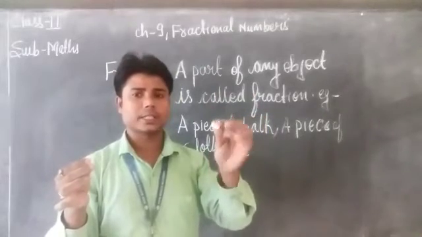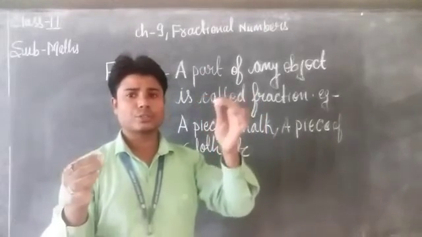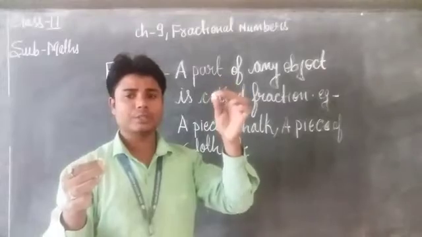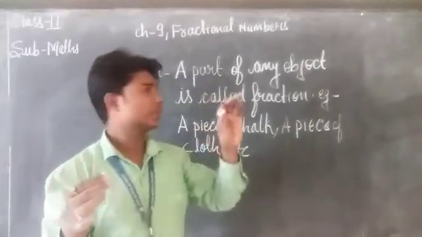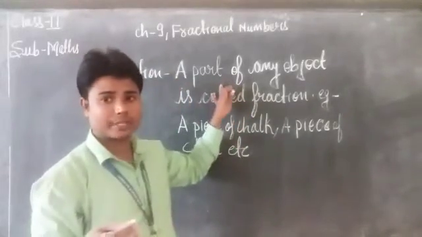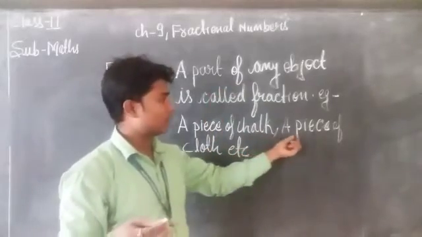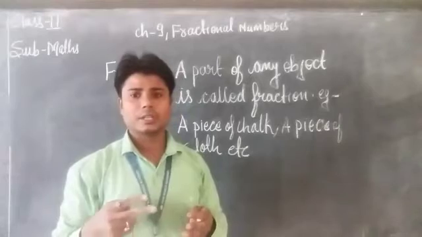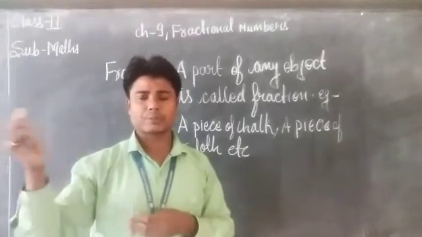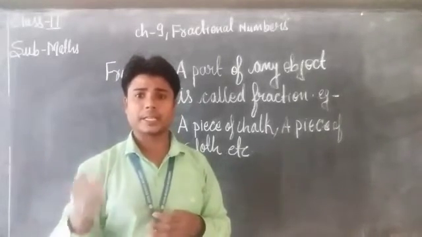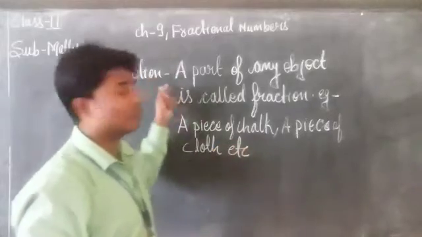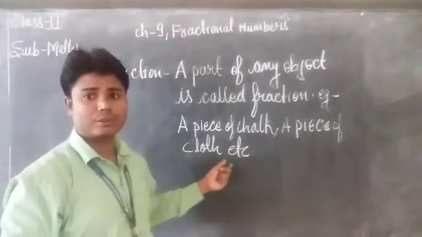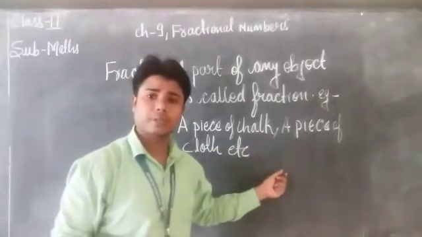A piece of chalk is an example of what? Fraction. Or another example, a piece of cloth. If we cut a cloth into a small piece, that piece is called what? Fraction. A piece of cloth is also an example of fraction.